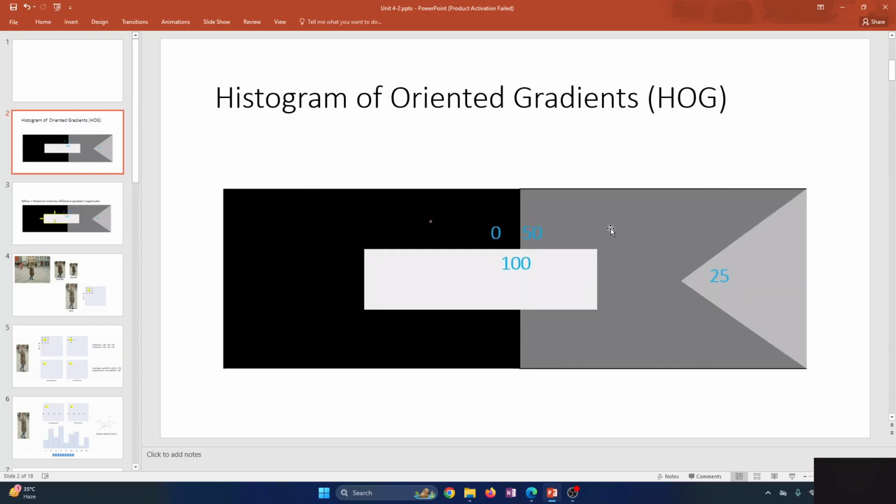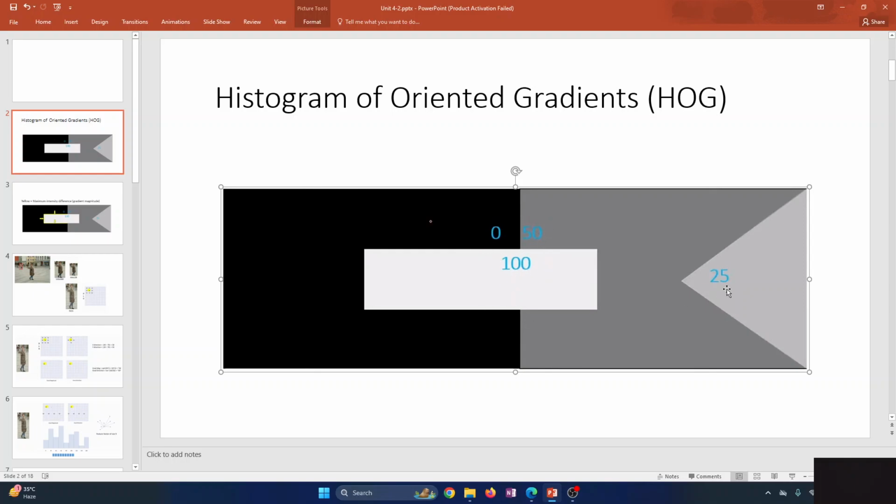We all know what features are. In this HOG, we extract features in the form of a vector, and a vector, we all know, is a single linear matrix, right? For example, you can see the intensity change over here. The intensity value is 100, then 50, and then 100.